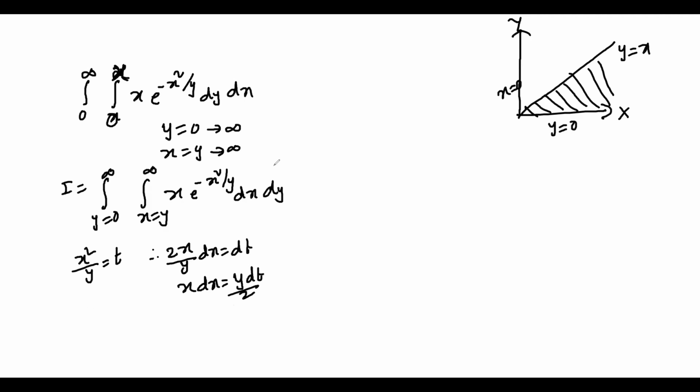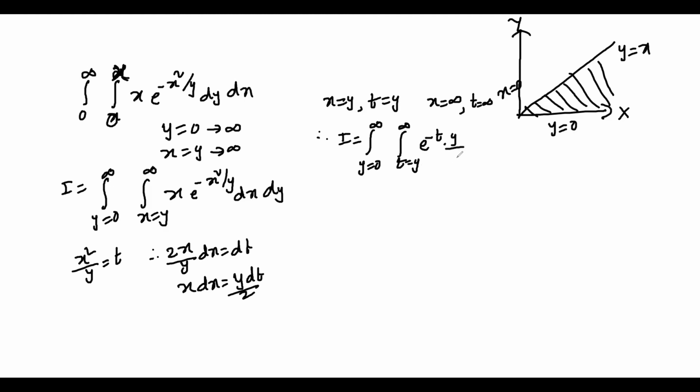Also, when x is equal to y, t is equal to y, and when x is equal to infinity, t is equal to infinity. So therefore, I is equal to integral y is equal to 0 to infinity, integral t is equal to y to infinity, e power minus t, y by 2 into dt into dy.